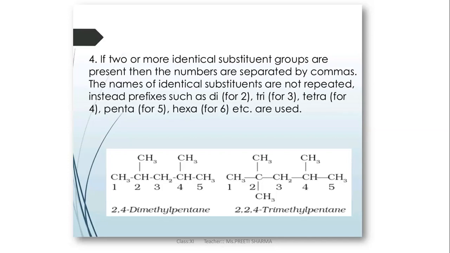We'll name both of them, but we'll use a comma between them. 2,4-dimethyl, we use the word di. If 3 are there, then trimethyl would be there, right? And the names of identical substituents are not repeated. Instead, a prefix should be used. Di, tri, tetra, penta, hexa, they should be used, right? Along with the position.